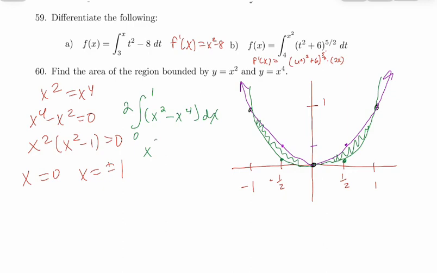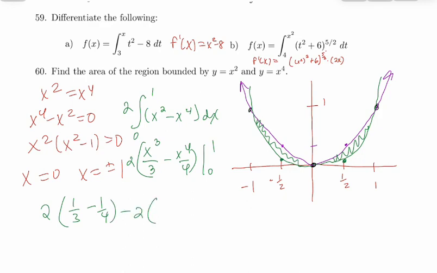It's just x cubed over 3 minus x to the 4th over 4, all times 2. Now, let's plug in 1. If we plug in 1, we get 2 times the quantity of 1/3 minus 1/4. If we plug in 0, we do get 0.